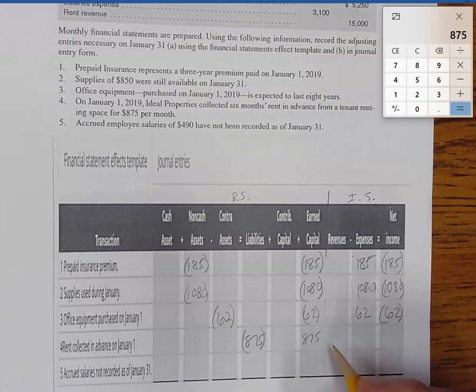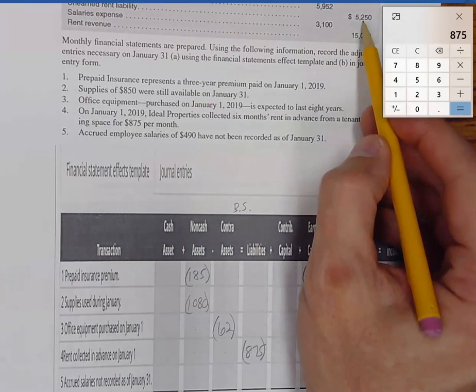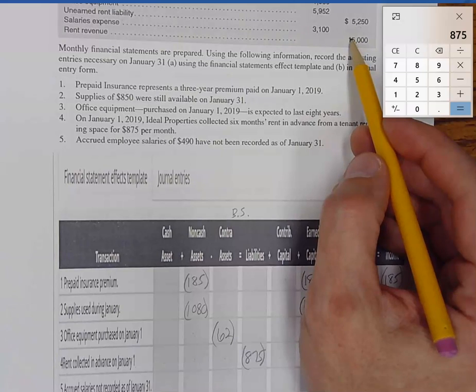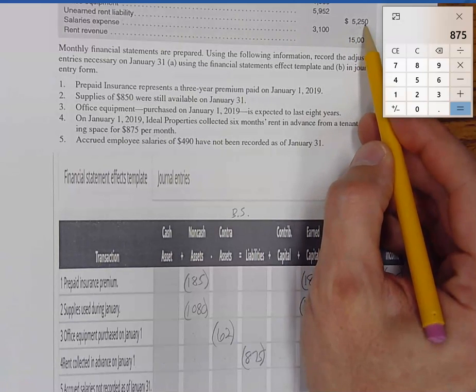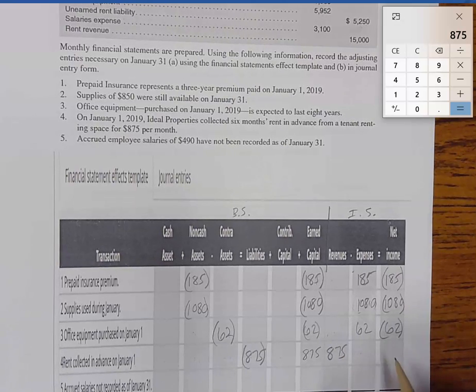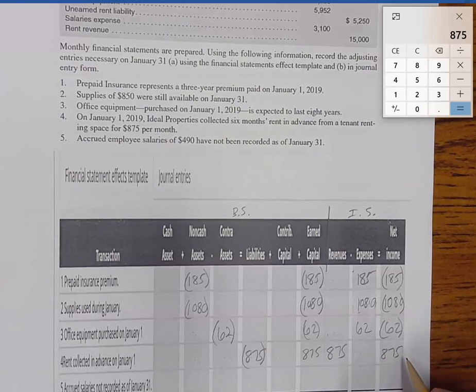Over on revenues, we also have an increase of $875 because now $875 of this $52.50 is actually earned. When we got it, none of it was earned. Now we have earned $875 because 1 month passed. So revenues go up. We have no expenses on this particular entry. And so net income also goes up.